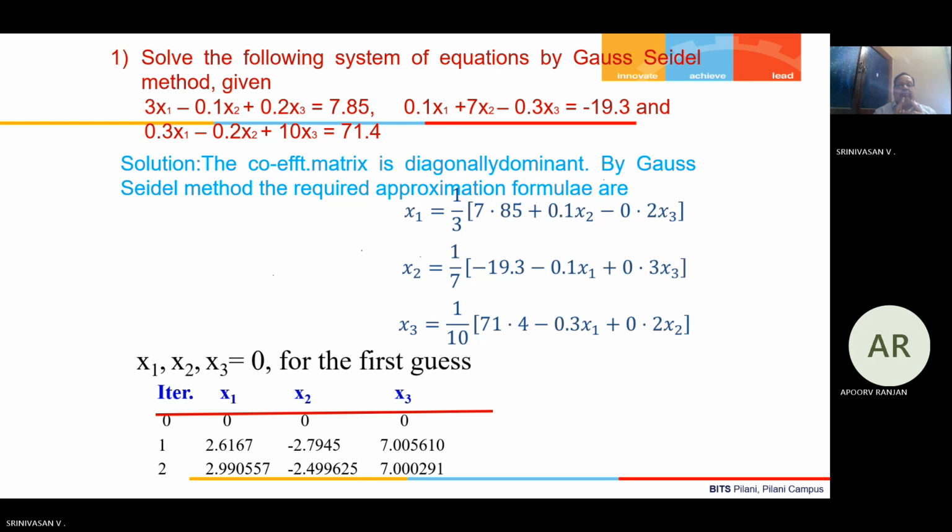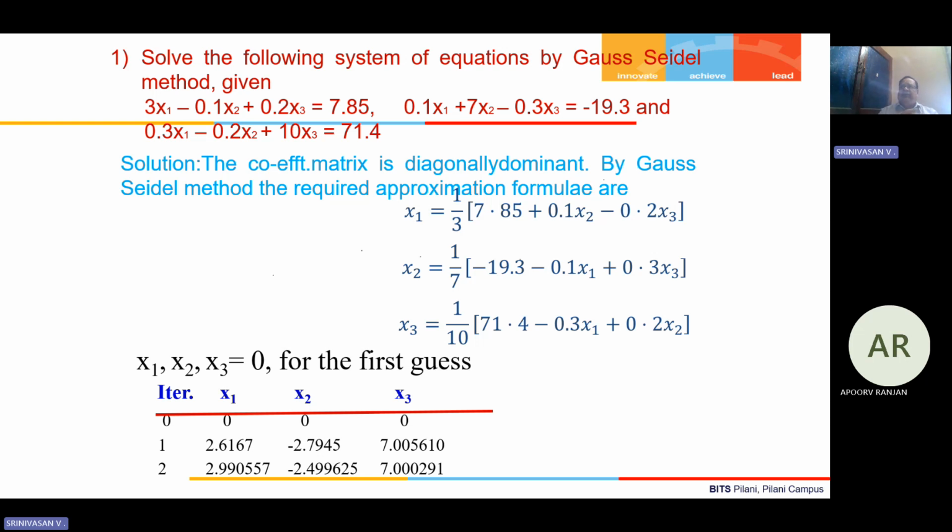Then, by Gauss-Seidel method, the required approximation formulae are as follows. We rewrite the given three equations in terms of x1, x2, and x3, because in every approximation we are going to find the values of x1, x2, x3 using these formulas.